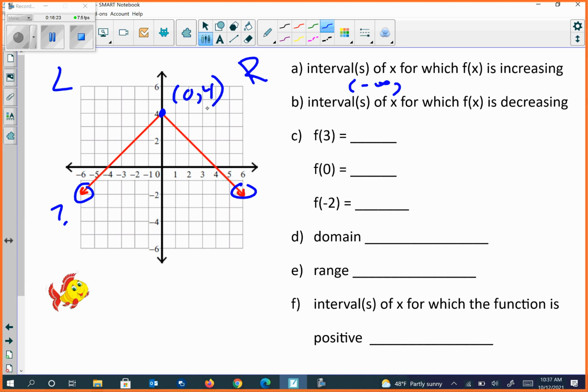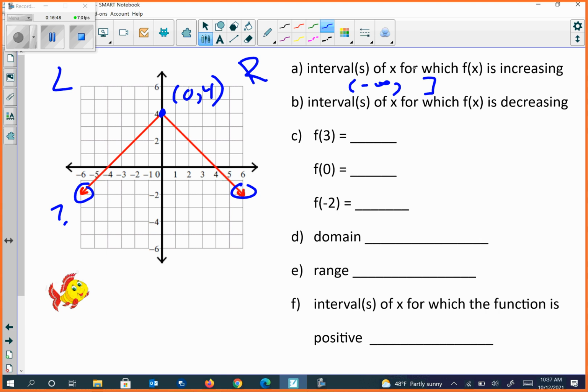Is that a corner? Or is it a nice smooth graph? It's a corner. So if it's a corner, that means I'm going to say it's increasing from negative 8 to 4. I'm going to put a hard bracket on the 4 because I had a corner. I didn't have a smooth graph. I'm using the x's to talk about it. Oh, you know what I just did?